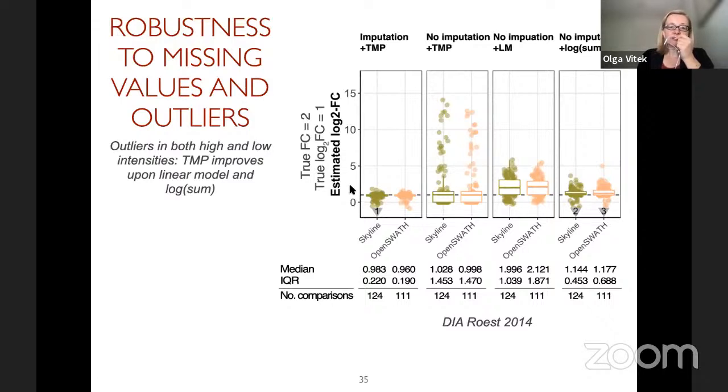This is a particular protein, so the true fold change is 2. So the true log fold change is 1. And so this is what happens with the estimation for 2 data processing tools. And so this is what happens if we ignore imputation or if we ignore robust summarization.